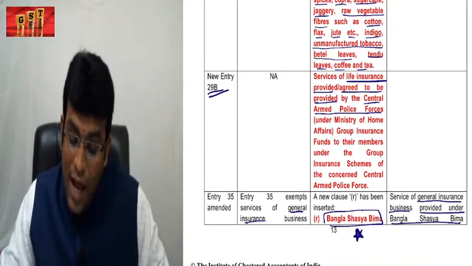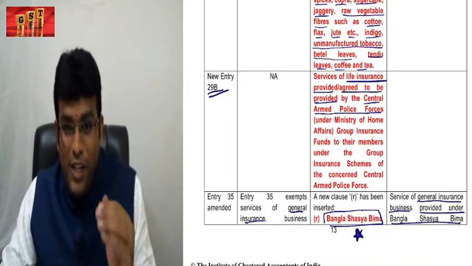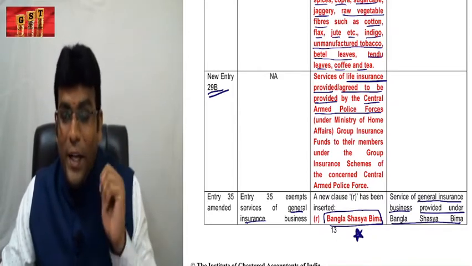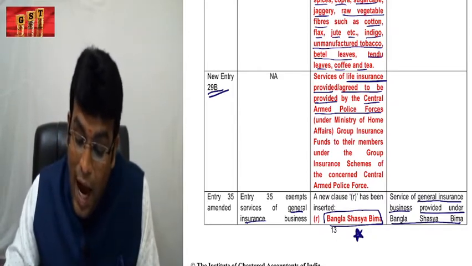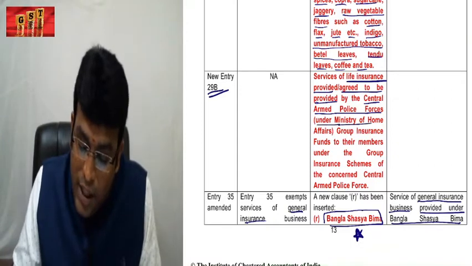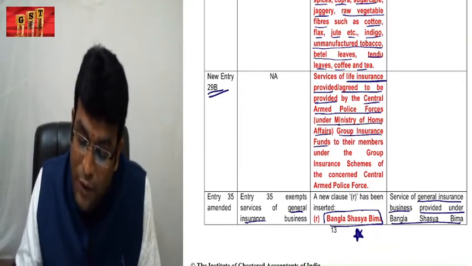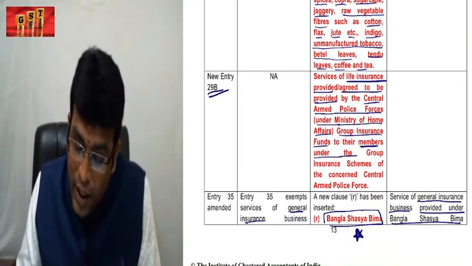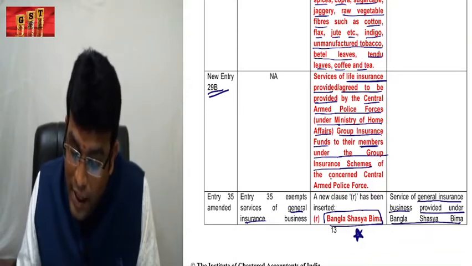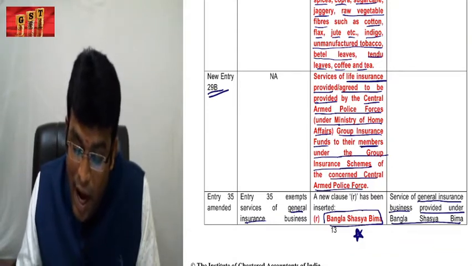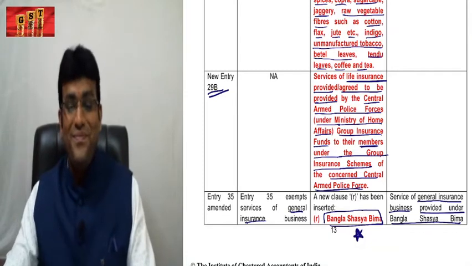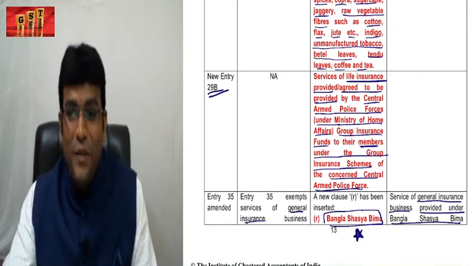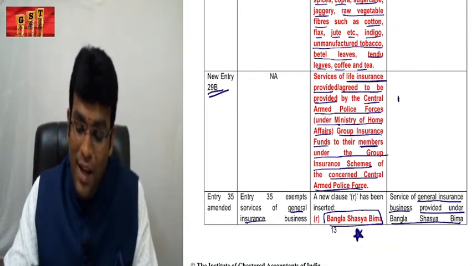Provided by Central Armed Police Forces under Ministry of Home Affairs Group Insurance Fund to their members under Group Insurance Scheme of the concerned Central Armed Police Force. That's it. Getting clarity, friends? This is also exempt. An interesting point.